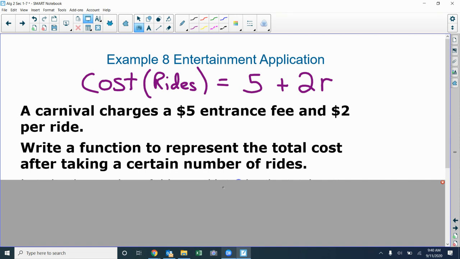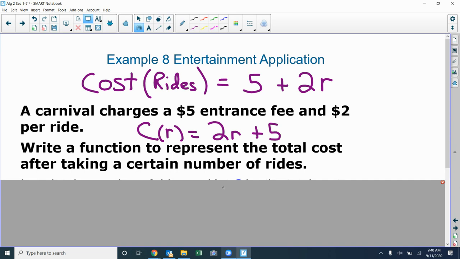Now, am I gonna count off if you write it as X? Not at all. So we can abbreviate this and say cost as a function of R is equal to, now a lot of times, I won't count off if you don't, but a lot of times we'll put the 2R first because that's called standard form, isn't it?